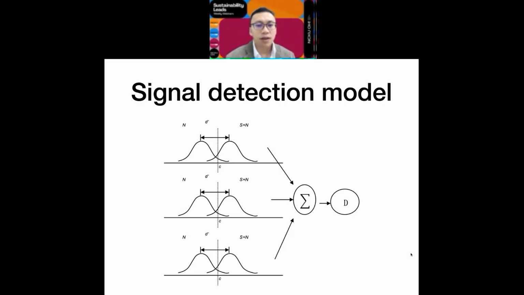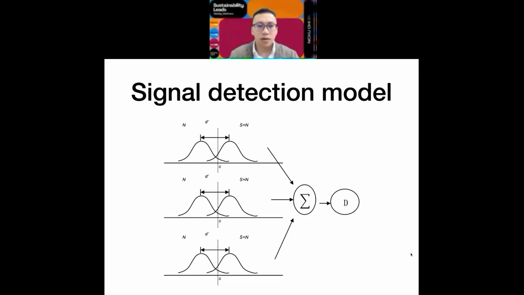And we sum the signals from different sources of information together to form a total activation. If the total activation exceeds the decision criterion, then we will make a change response, then we will say there is a change that occurred in the display.